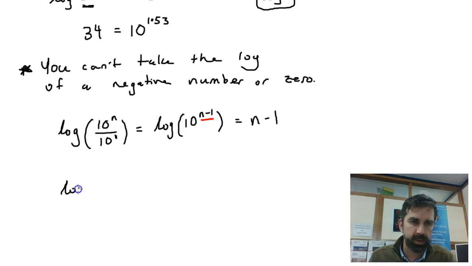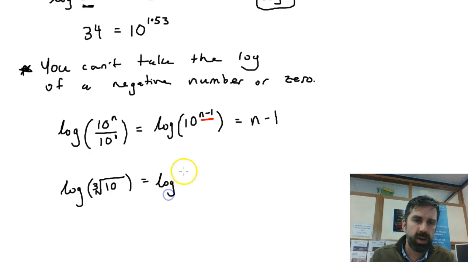Another example that I want to go through: if we have the log of, say, the cube root of 10, remember from our index laws that the cube root, so the third root of 10, is actually the same as having an index of 1 over 3.